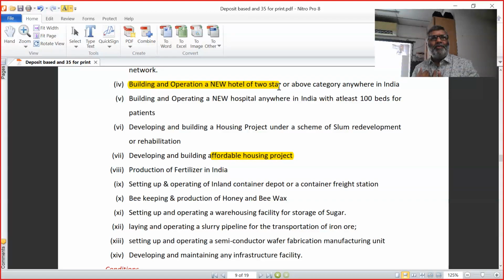Can I claim 35 AD? Building and operating. That's what I'm asking. Is it that the same person who builds should also operate, or can it be that building can be done by one person and operations by another person?